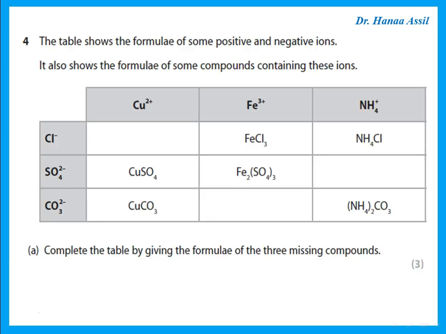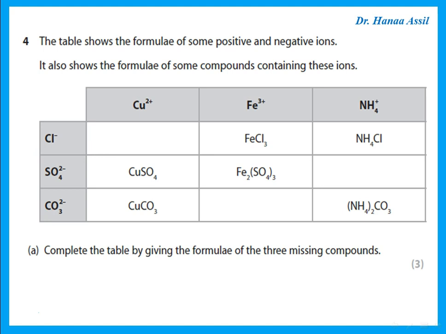Okay? The table shows the formula of some positive and negative ions. It also shows the formula of some compounds. Now complete the table by giving the formula of the 3 missing compounds. Remember we said if we have ions, the number of charges is the same as the valency.